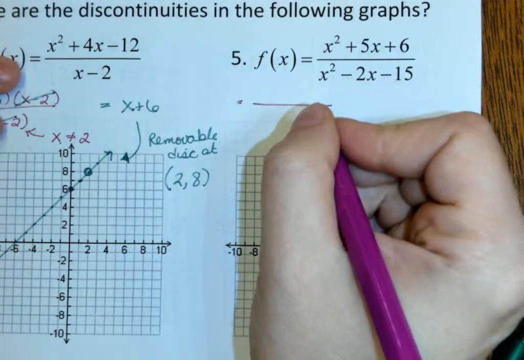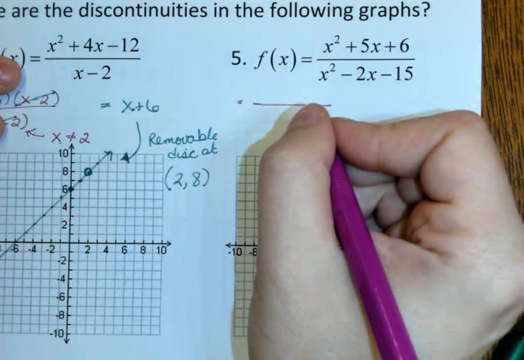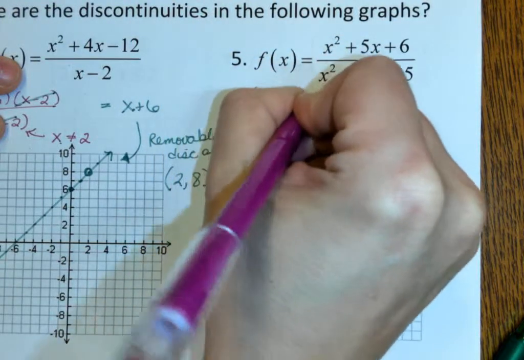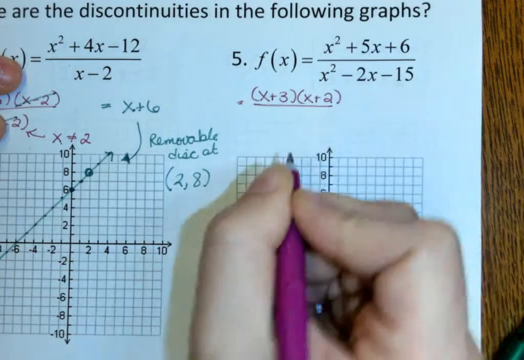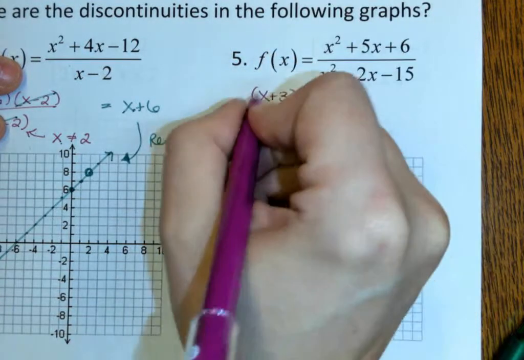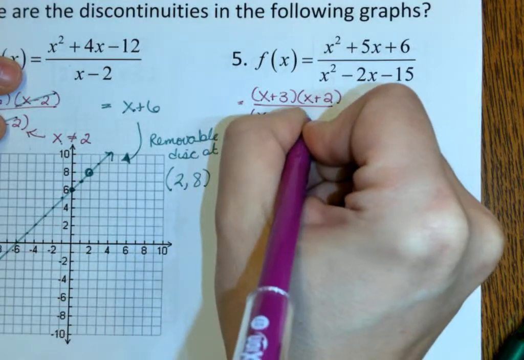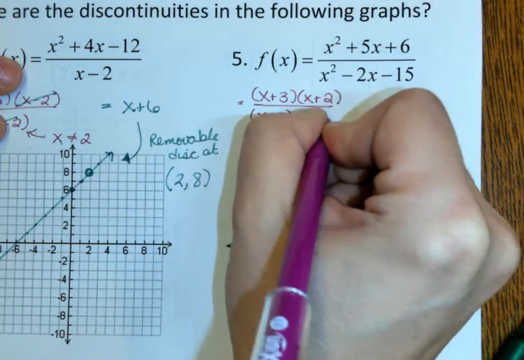How does the numerator factor? X plus 3, x plus 2. How does the denominator factor? X minus 5, x plus 3.